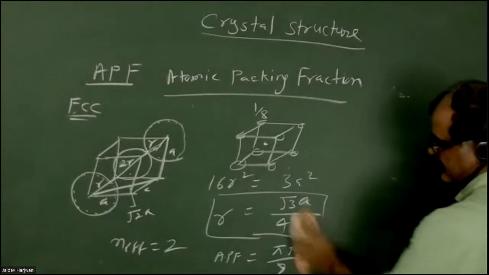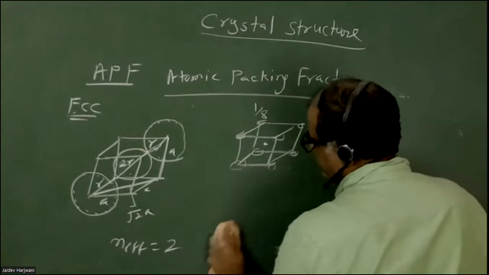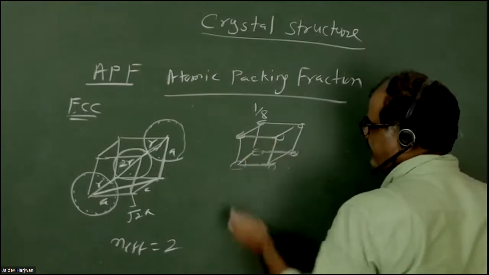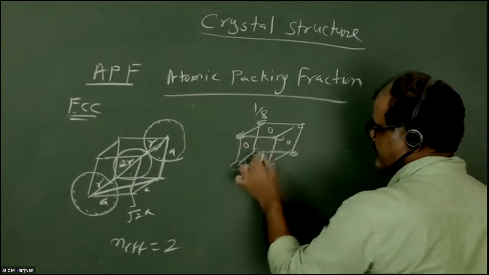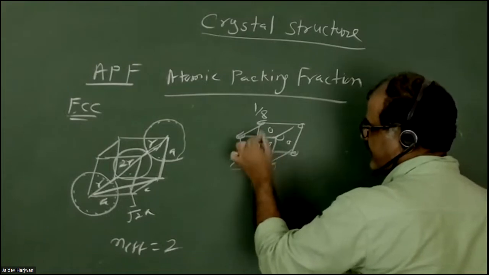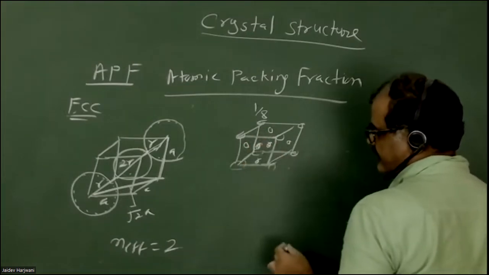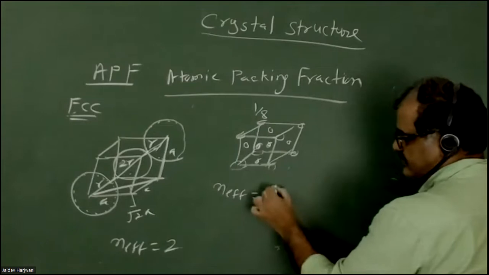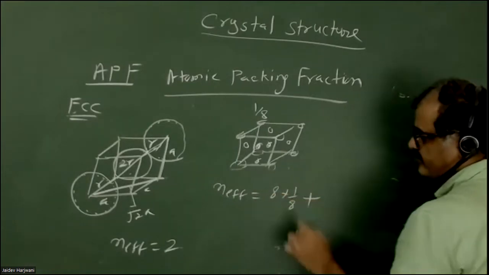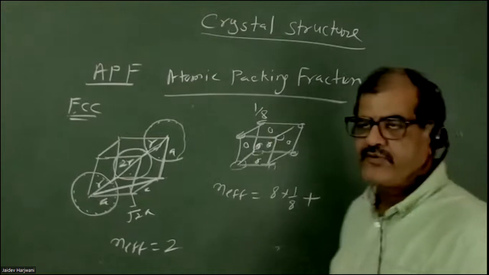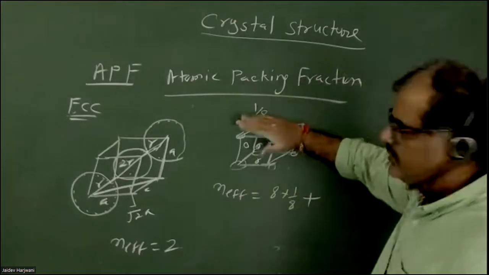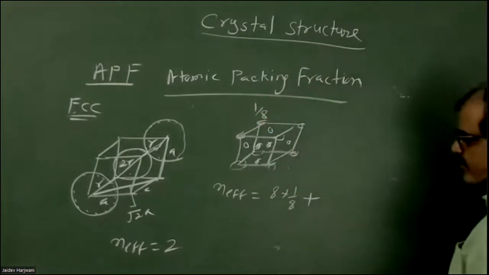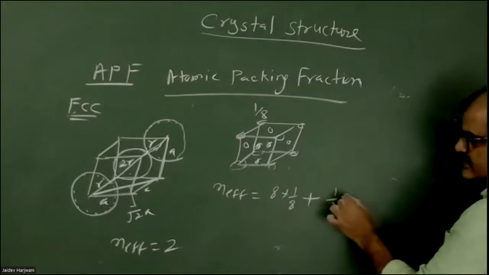Okay, now in the case of FCC, we have atoms on the face. 6 face हैं, एक पीछे है, ये आगे. ओके, सो ईच फेस पे हमारे पास 1 एटम है, एंड n इफेक्टिव क्या हो जाएगा, कॉर्नर पे 8 एटम हैं, सो 8 × 1/8, और जो फेस पे होता है उसका कंट्रीब्यूशन हाफ होता है, क्योंकि इसके ऊपर खाली एक और रख सकते हैं. तो ये इस यूनिट सेल का, और इसके ऊपर यूनिट सेल उसका पार्ट होगा. सो फेस पे जो होता है उसका कंट्रीब्यूशन हाफ, और हमारे पास 6 एटम्स हैं.